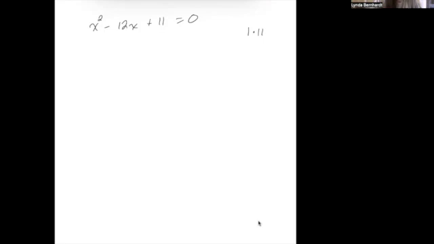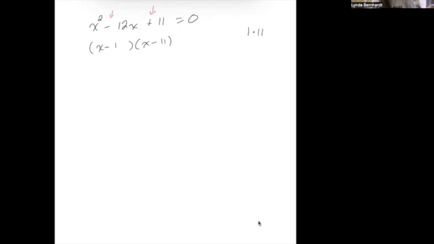Now, this is a positive sign, which means either both of them are positive or both of them are negative. Since this is a negative sign, you have to have two negatives. So you're going to say x minus and then x minus. We already know it's 1 and 11.